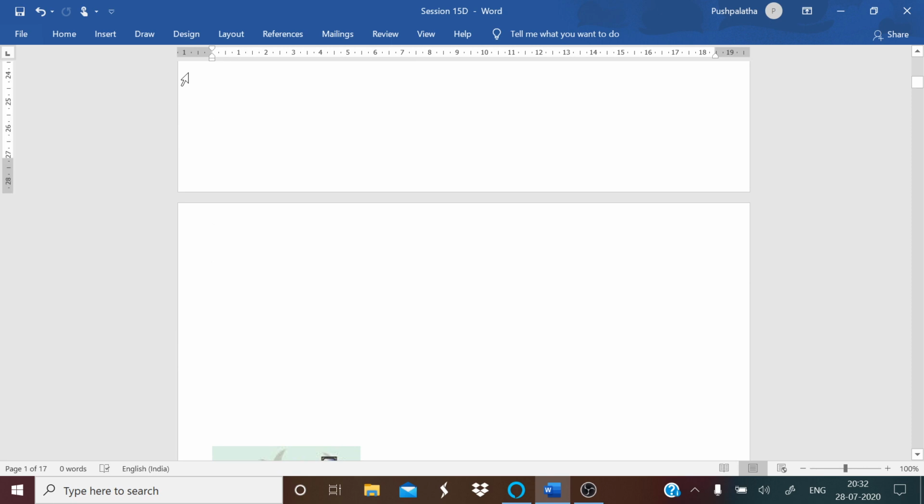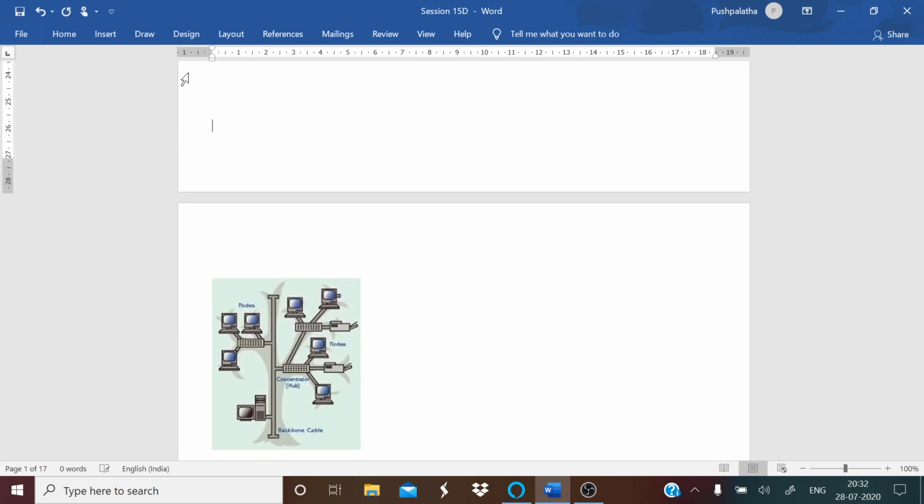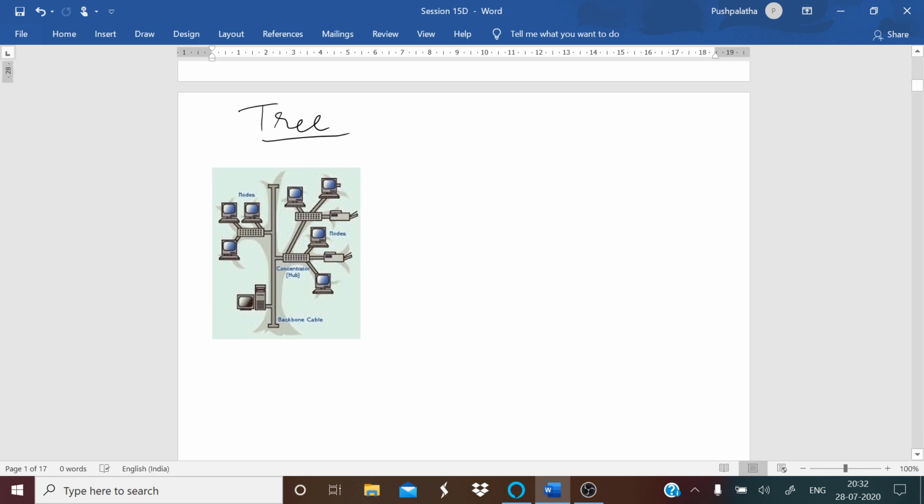And we have the next topology. Okay, so this is your tree topology. This is how it is connected. In computer networks, a tree topology is also known as a star bus topology because it includes the elements of both a bus topology and a star topology.